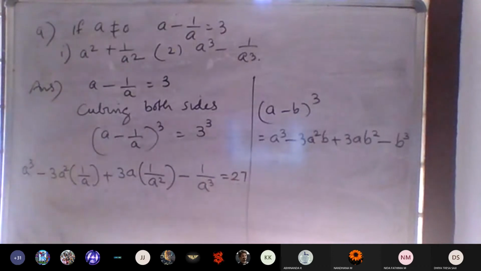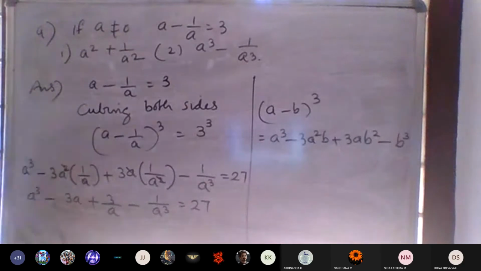27, isn't it? Here a and 1 by a cancel. a cube minus 3a plus 3 by a minus 1 by a cube is equal to 27. I think you can do this.